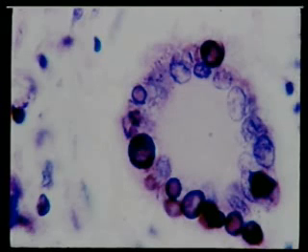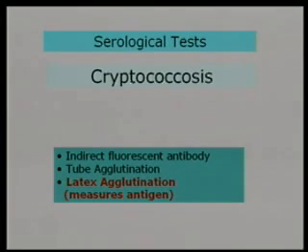Okay, here's a Langerhans cell or a giant cell. These are the giant cell nuclei, the lighter staining cells. The very dark stains are the Cryptococcus yeast. It's a granulomatous reaction histologically. We have a couple of tests.